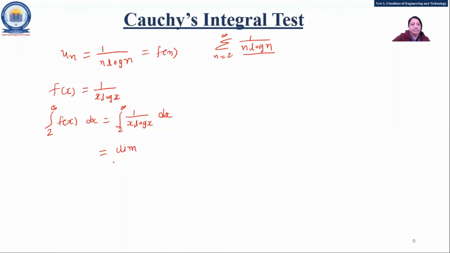Now for applying the limit, what we have seen in the concept of limit, right? As m tends to infinity, it can be rewritten with limits 2 to m. Now 1 upon x log x. So what is the integration of 1 upon x log x? First, we'll do the integration and then we'll apply the limit concept.